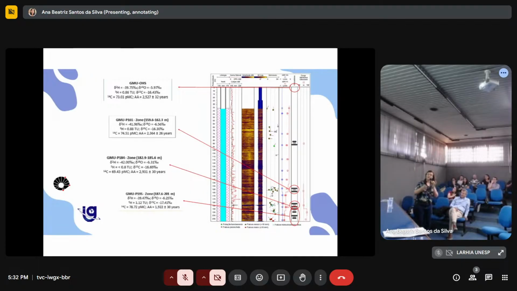But so we used the packers. This is the drawing to represent the packers. So we collected a sample from the bottom of the well, and then from these discrete intervals here. And we also tested this upper part of the well, all these fractures together.